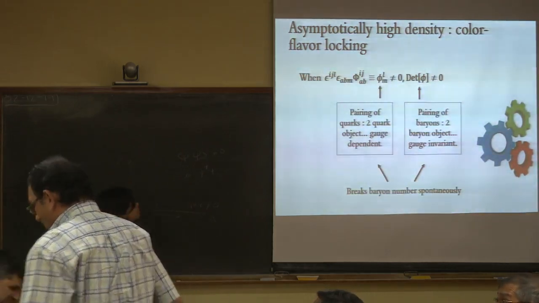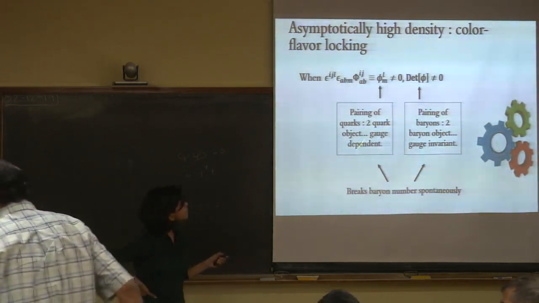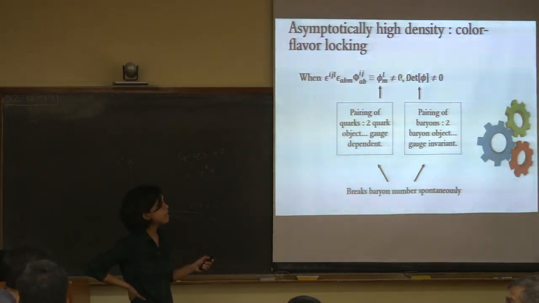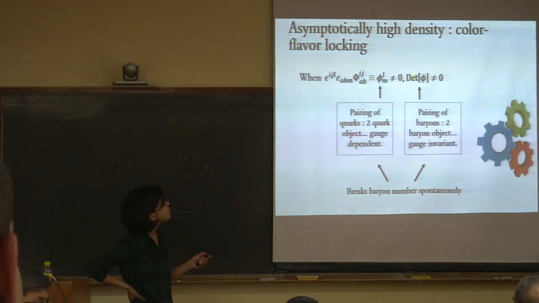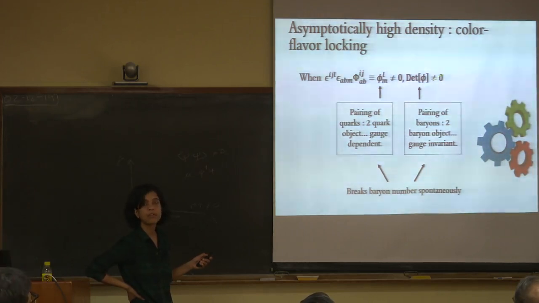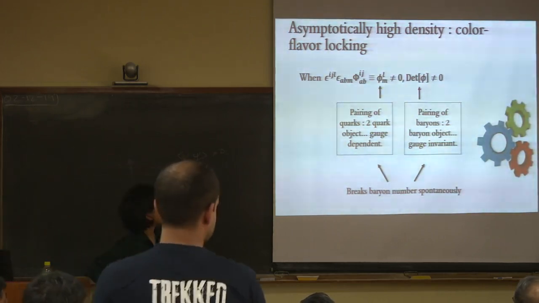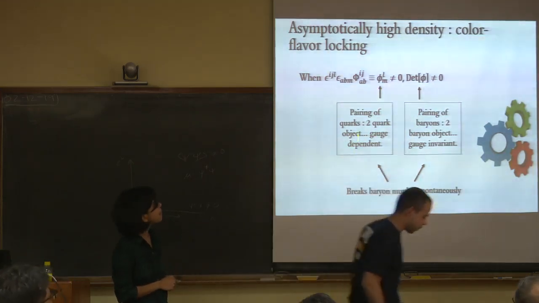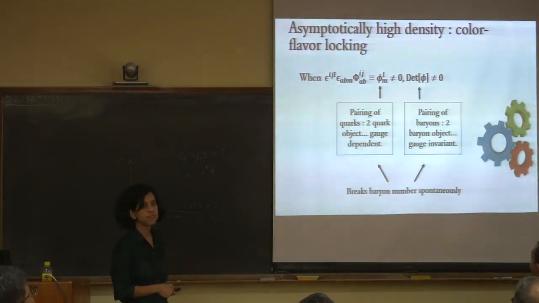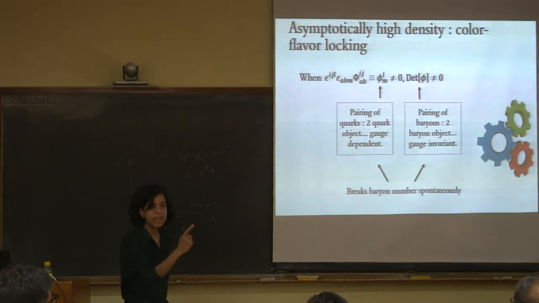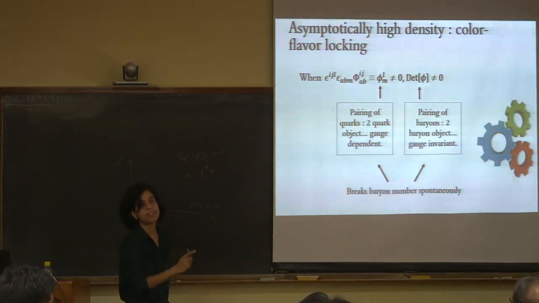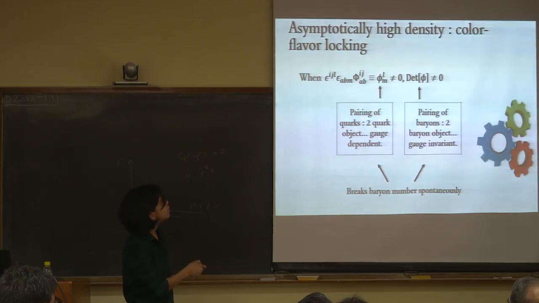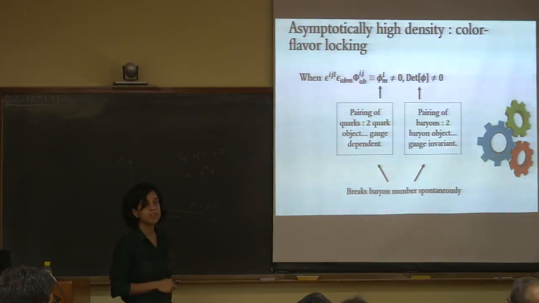Now, whenever phi has a non-zero vacuum expectation value, you would expect the determinant of phi to also have a non-zero vacuum expectation value. Of course, phi itself is a pairing of 2 quarks. What is the determinant of phi? Every single entry of this phi matrix is a 2 quark object. So if you took a determinant, that's a 6 quark object. So that's like pairing of 2 baryons.